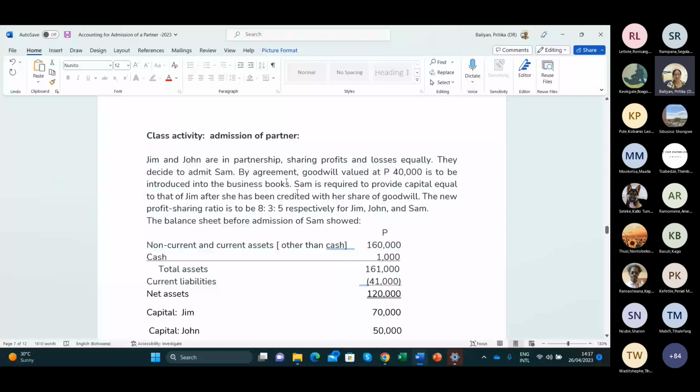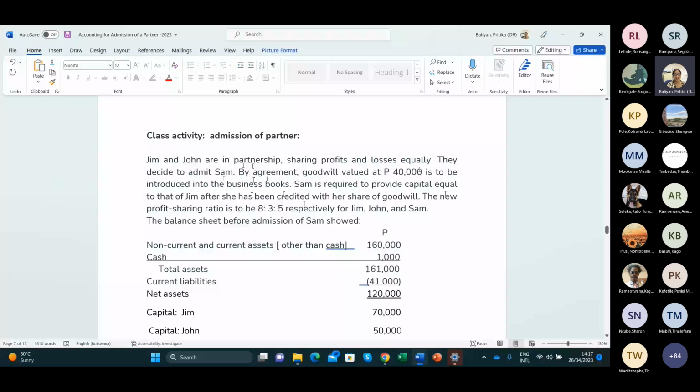They haven't calculated the goodwill before, but now they have calculated the goodwill of the business and it has been recorded in the books of account. Sam is required to provide capital equal to Jim's after he has been credited with his share of goodwill.